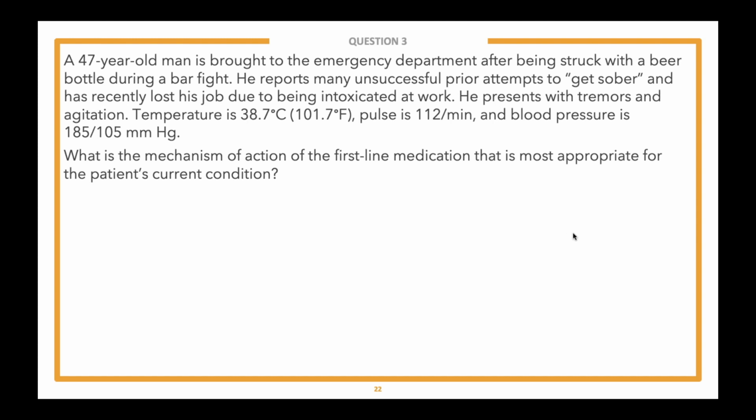As always, I want you to start thinking about the important clues in the lead-in and vignette as I hand it off to Paris. Thank you, Sean. So once again, we're going to show you what we think are the important clues in this vignette and the lead-in. So again, demographics, 47-year-old man. Why did he come to the ER? Well, we know he was just in a bar fight.